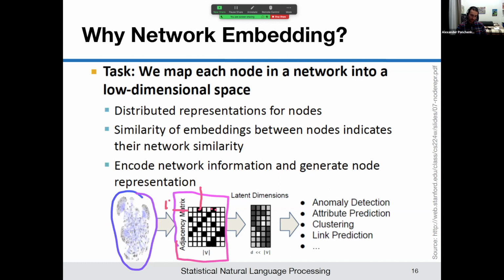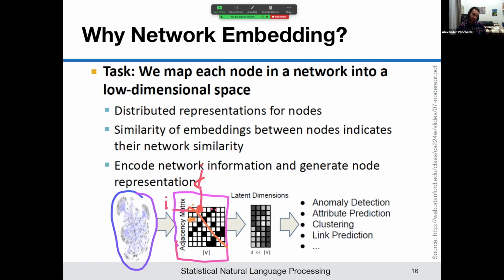So if we have nodes I and G, then a non-zero element in this matrix would mean that there is a link from I to G, and if the matrix is symmetric, then like in this case, you will see that this graph is undirected.